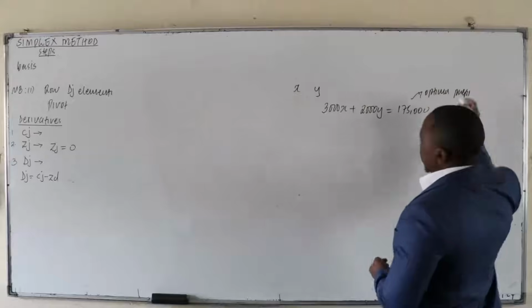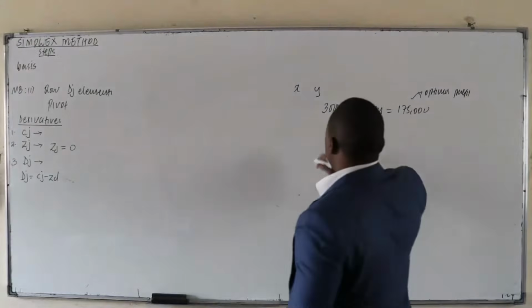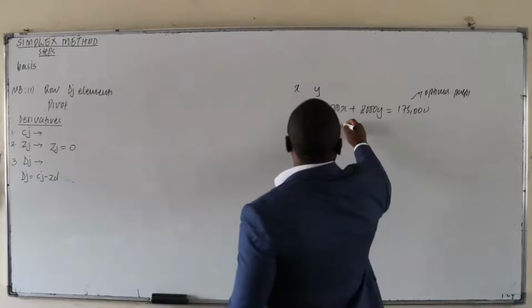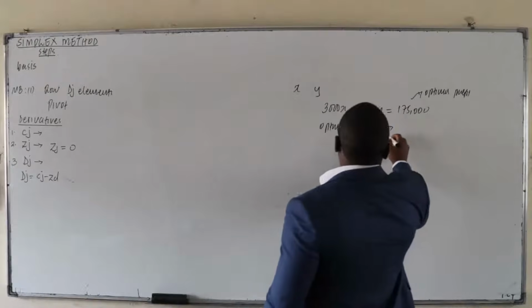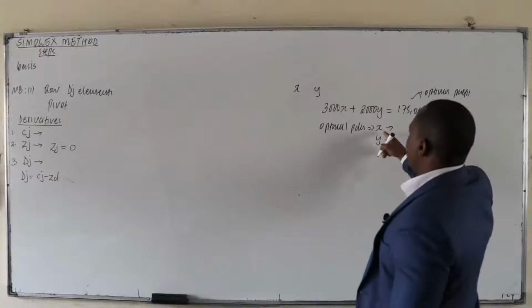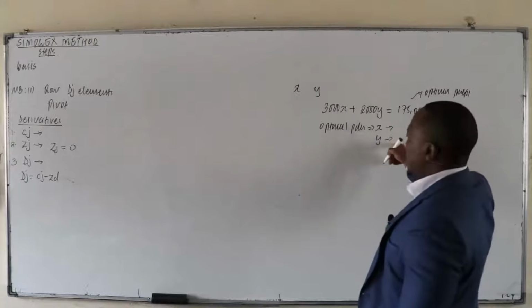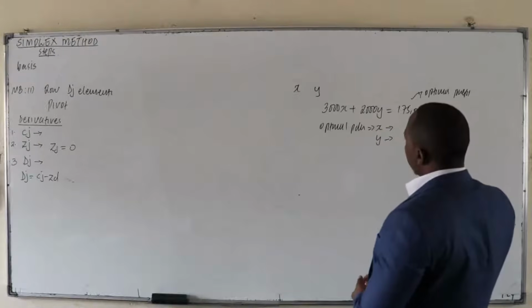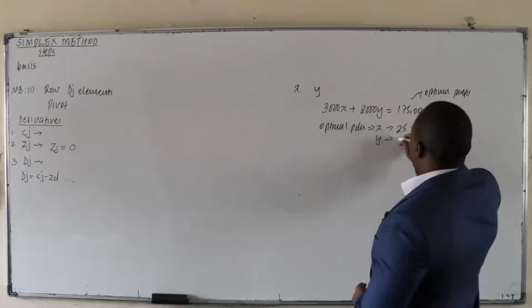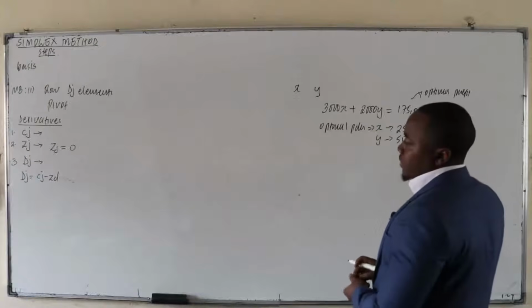Optimal profit. And then the optimal production, X and Y. X was it 25 or 50? Which one was 25? Which one was 50? X 25, Y was? Yeah, was 50.